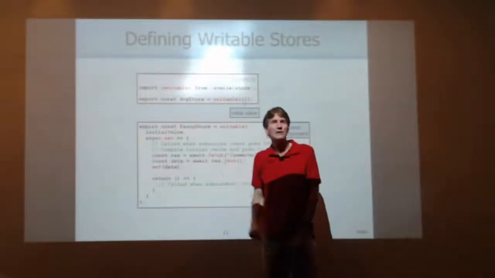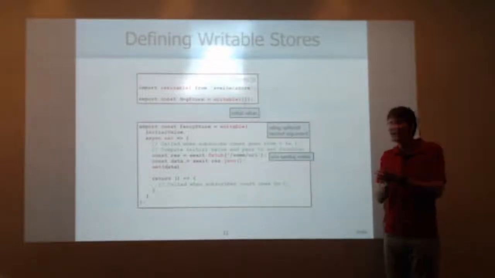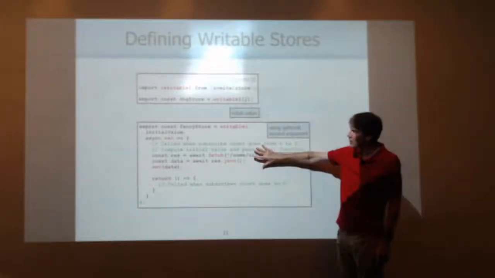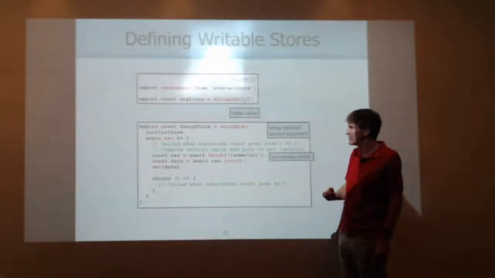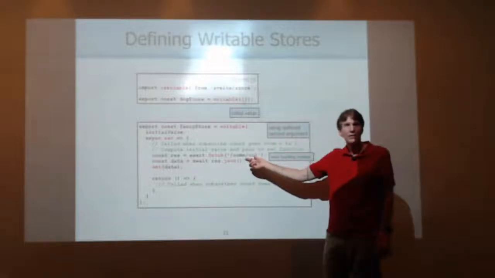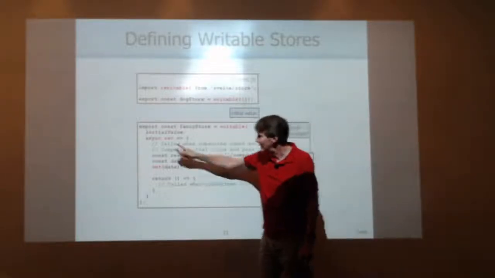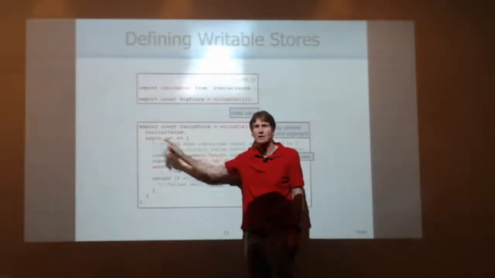Here's a fancier kind of writable store where I can pass it an initial value, but I can also pass it a function. And that function is going to be given a set function. So now this can call set whenever it figures out what it wants the value to be. What I'm doing is using the fetch API, and I'm going to hit the URL of this REST service, and I'm using await. That's why I made this async. It doesn't have to be async, but in my case, I want to use await.